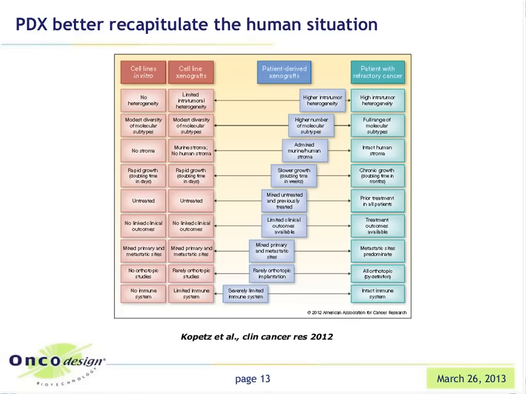We observe a slower growth. It is not as slow as what is seen in humans, but it is much more representative than the rapid growth of the cell lines.